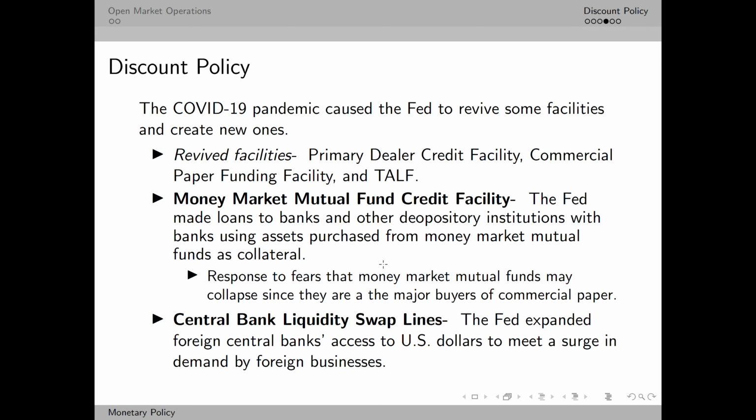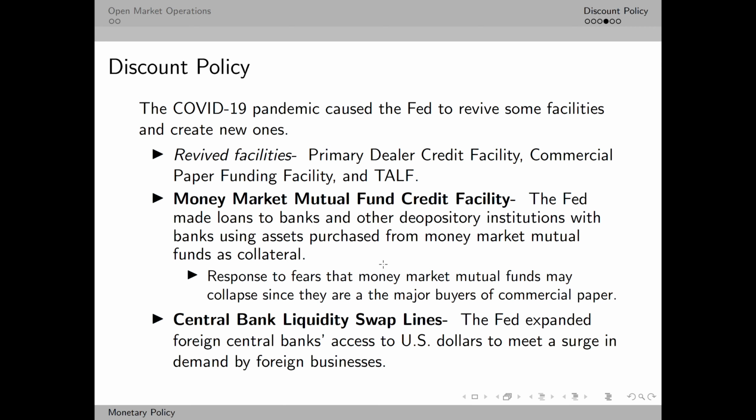This is important because the money market mutual funds were a major focal point since they were at extreme risk of collapsing, since they were the biggest buyers of commercial paper and nobody was issuing commercial paper. So the idea was to get some sort of commercial paper activity in a time where businesses aren't taking out loans.